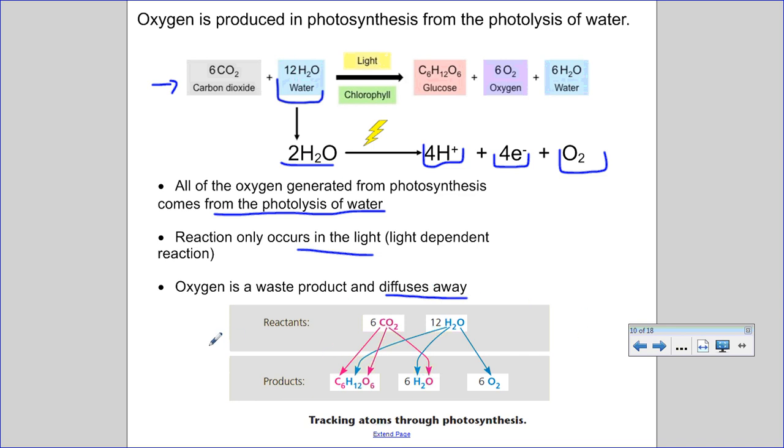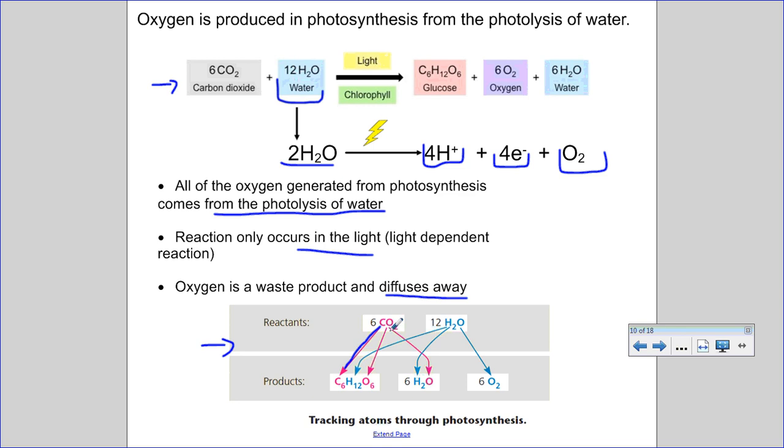So in the picture down here, it shows the reactants as 6 CO2 and 12 H2O, and then the products, the glucose, the water that is generated, and the oxygen gas. And then the arrows just show where each of the atoms are going into the different products. So obviously all of the carbon from CO2 goes into the carbon in glucose.